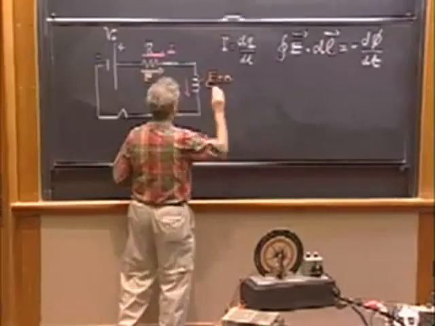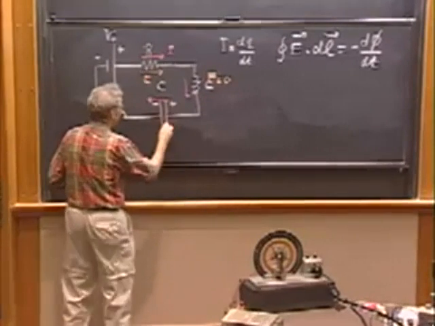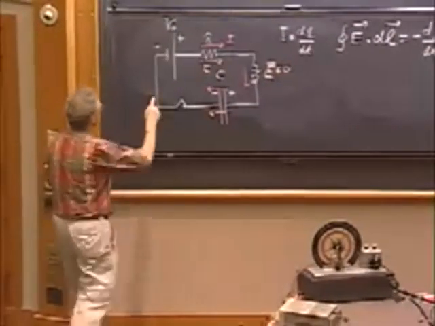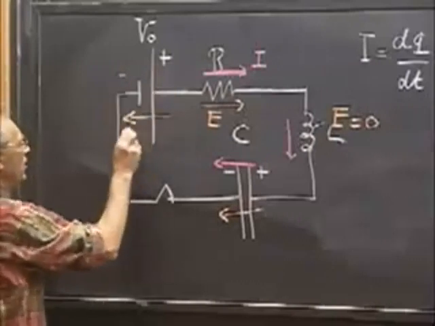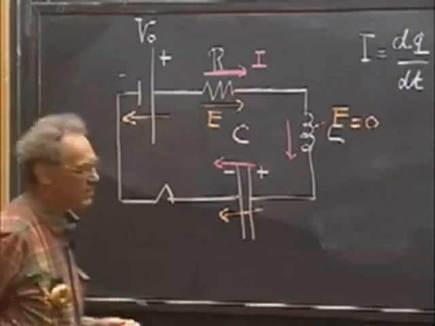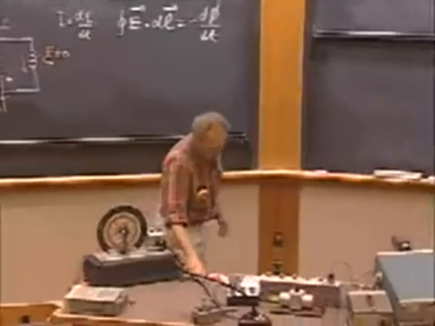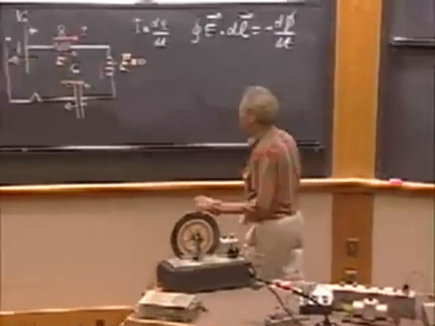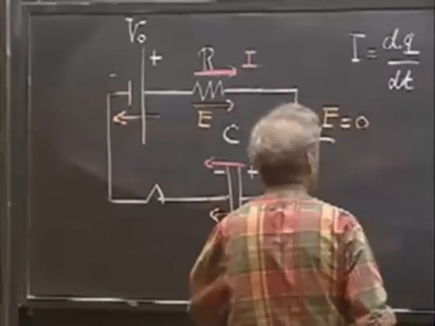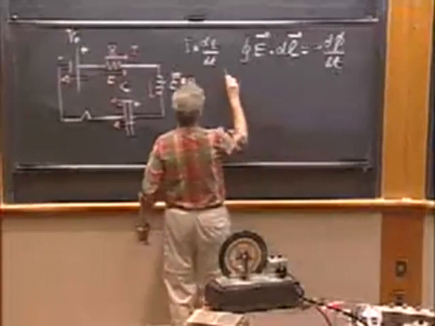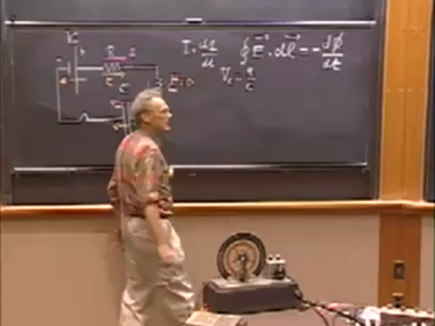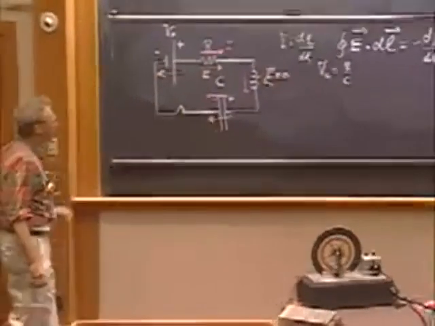So the E here is 0. This is plus and this is minus, so the electric field is in this direction. This is plus and this is minus, and so the electric field is opposing me if I go around clockwise. So if now I go around clockwise, and I call the integral E dot dl from this side to this side of the capacitor V of C, which is Q divided by C. That's the definition of capacitor.